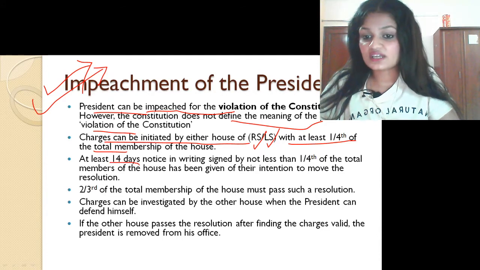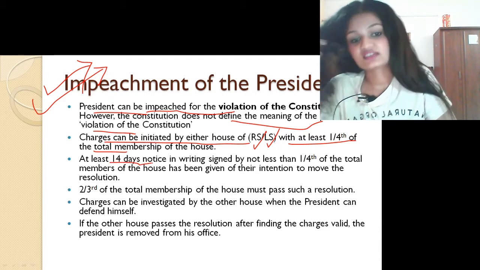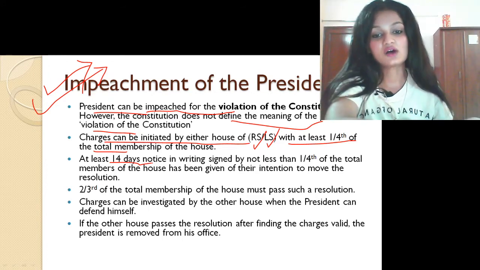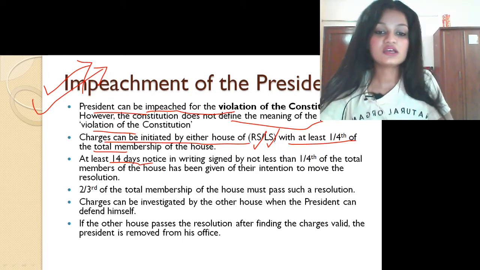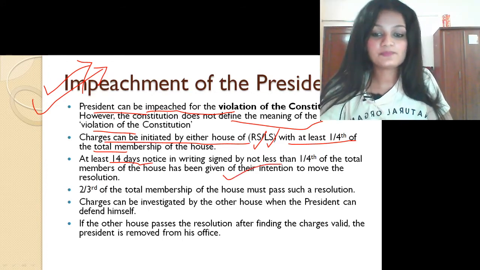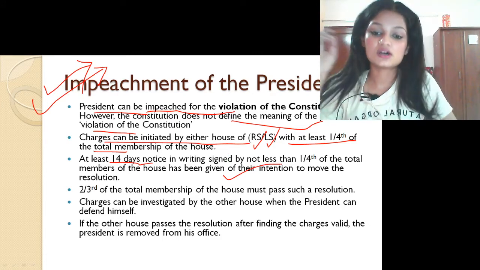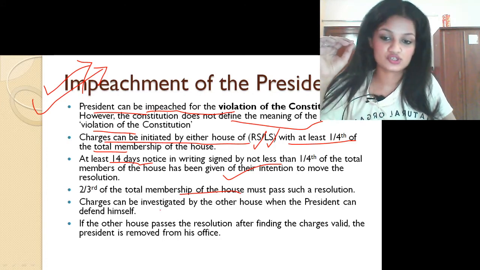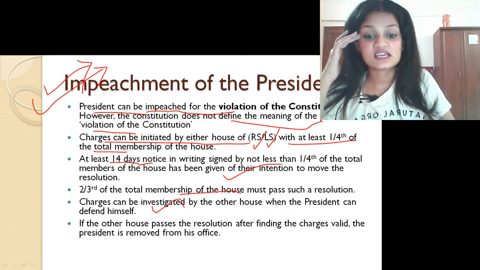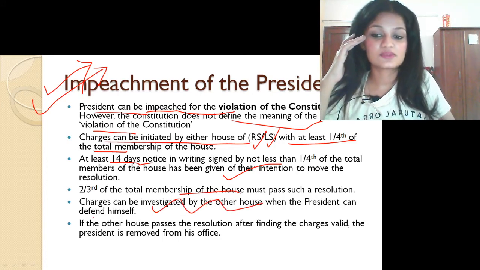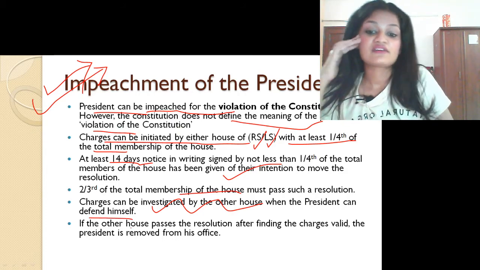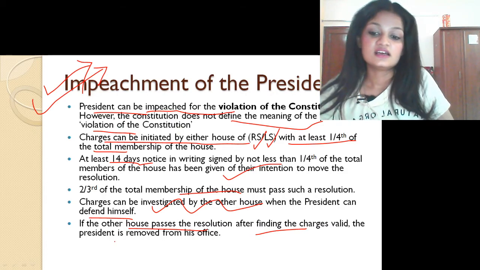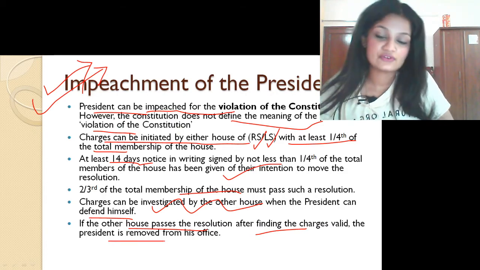At least 14 days notice in writing has to be signed by not less than 1/4 of the total members of the house after they have given their intention to move the resolution. 2/3 of the total membership of the House must pass such a resolution. Charges can be investigated by the other House when the President can defend himself. If the other House passes the resolution after finding the charges valid, the President is removed from his office.